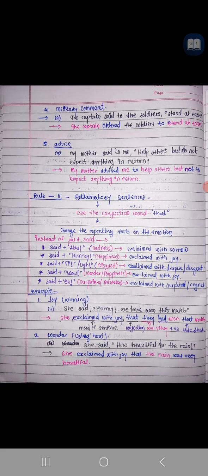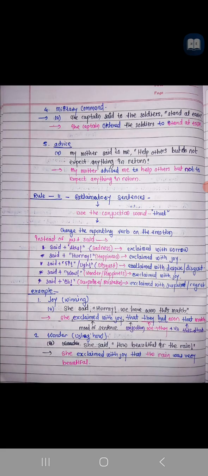So whenever I share the information which my mother said to me with my sister, my father, my younger brother, or younger sister, how do I convert it, how do I say it? My mother advised me to help others but not to expect anything in return.